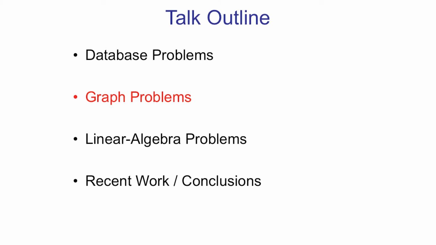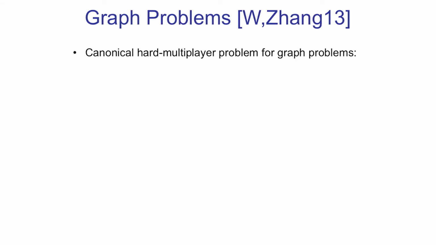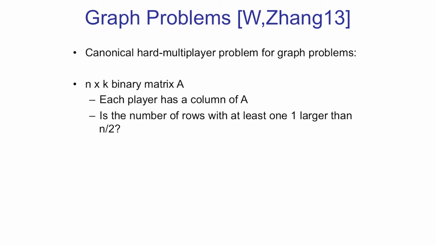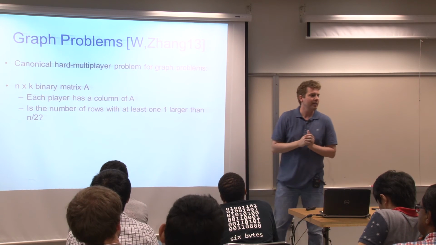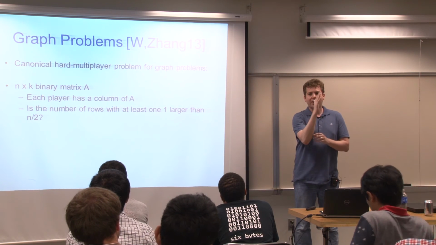For these other areas, I'm just going to mention them briefly. So graph problems. We looked at a problem that turned out to imply lower bounds for a number of graph problems. Let me say what that problem is. There's an n by k binary matrix A. Each player has a column of this matrix.